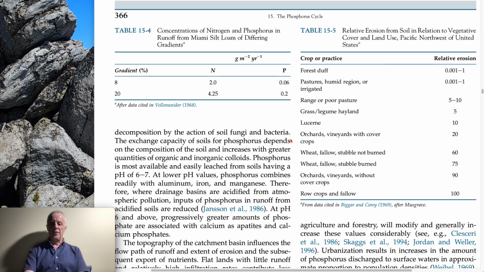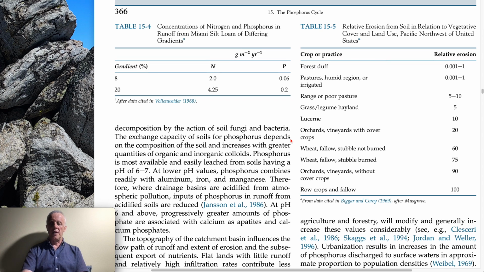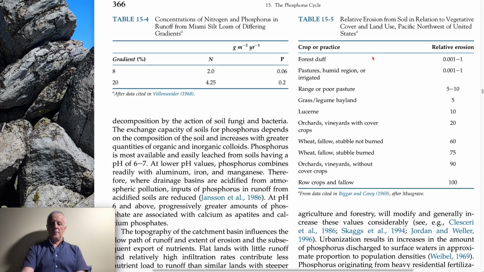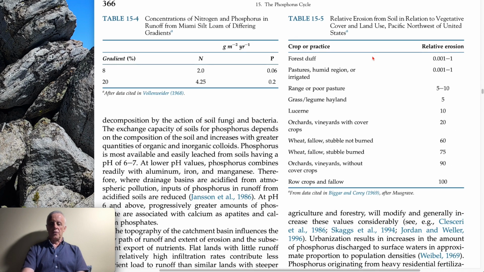In Table 15-5, we have relative erosion from soil in relation to vegetative cover and land use, Pacific Northwest of the US. So where we have high erosion is for the agricultural areas: the row crops and fallow, orchard and vineyards, wheat fallow with stubble not burned, and wheat fallow with stubble burned.